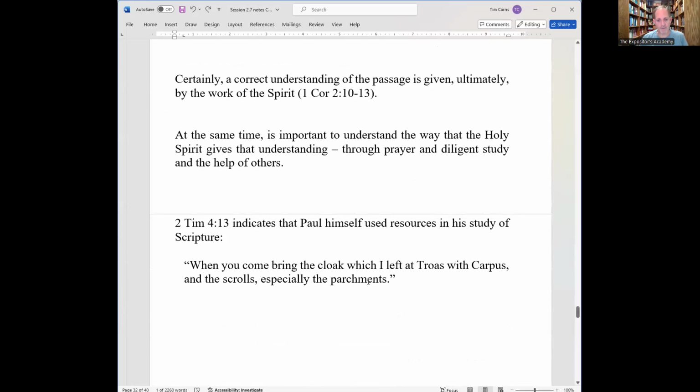We want to remember that ultimately, coming to a correct understanding of a passage, we want to remind ourselves of the importance that, first, coming to that understanding is a work of the Spirit. As 1 Corinthians 2 tells us, it is the Spirit who gives us understanding.